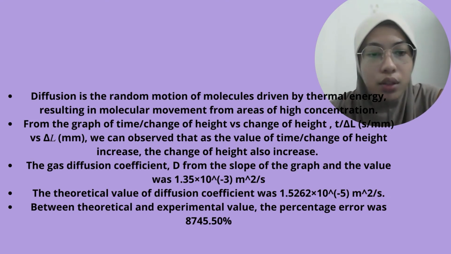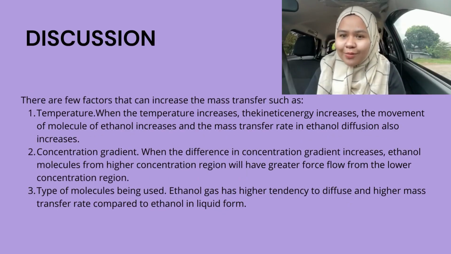Meanwhile, the theoretical value was 1.5262 times 10 to the power of -5. Between the theoretical and experimental value of the diffusion coefficient, the percentage error was 8,745.50%. This is due to errors that occurred during handling of the experiment. That's all from me.